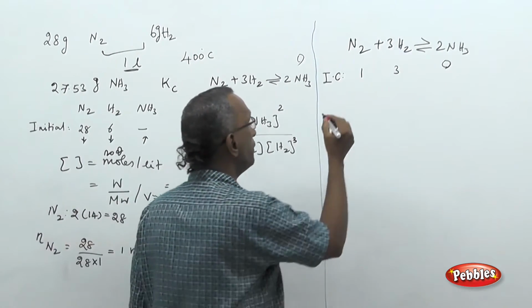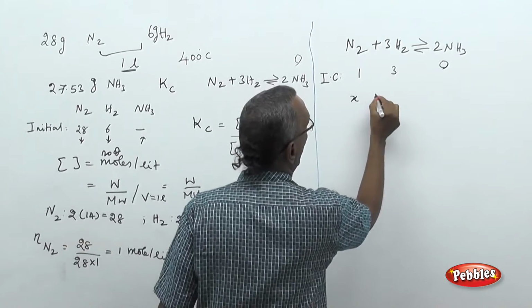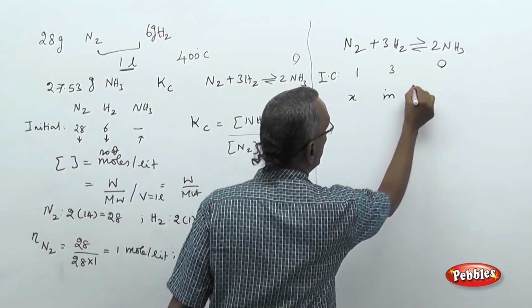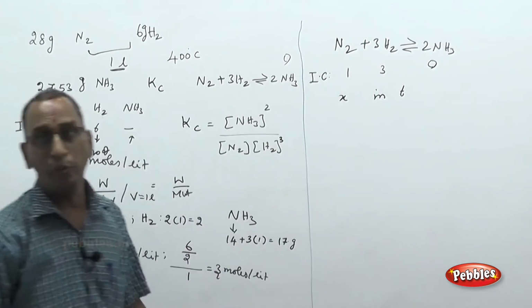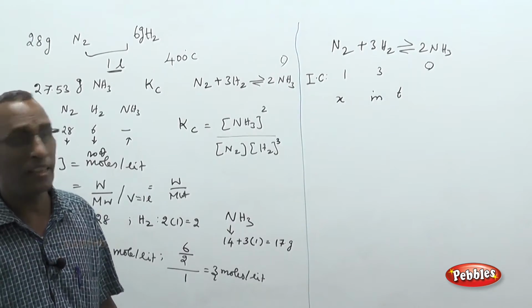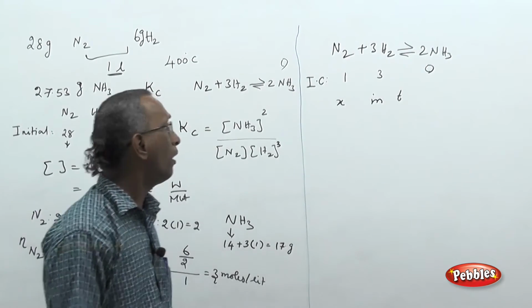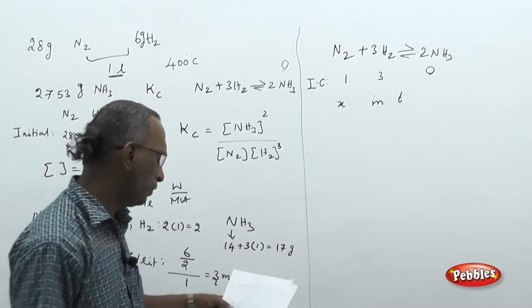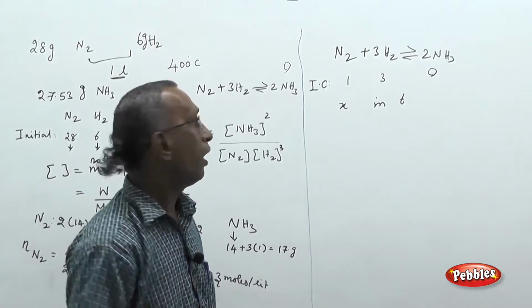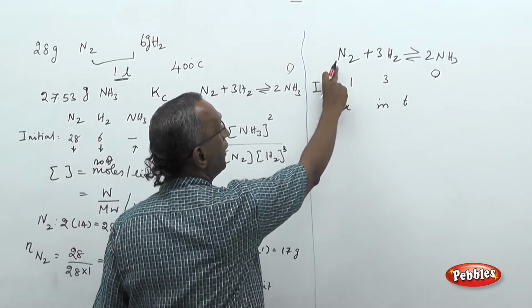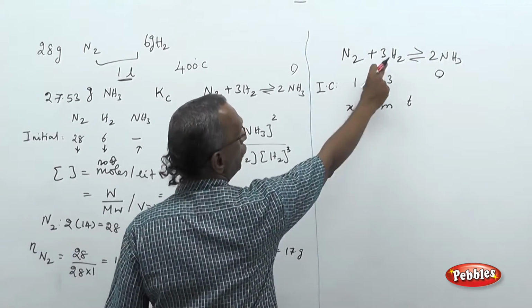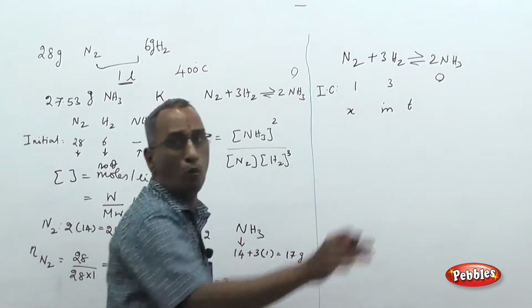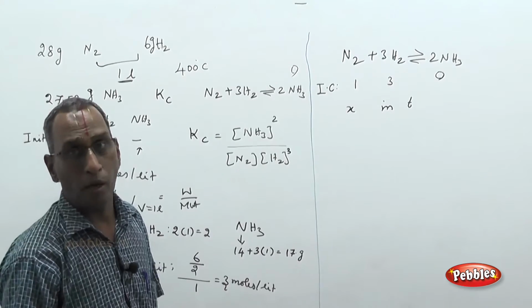Let us assume that X moles have reacted in time T. So X is the amount of nitrogen reacted in time T. According to the stoichiometry, every mole of nitrogen will consume 3 moles of hydrogen to form 2 moles of ammonia.